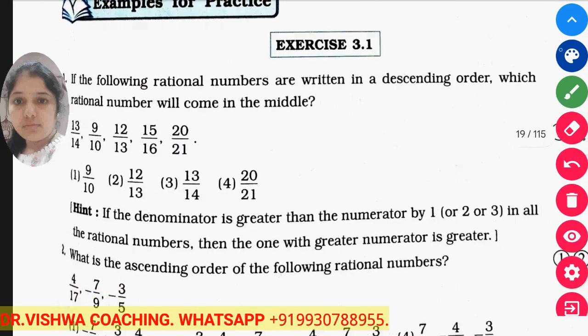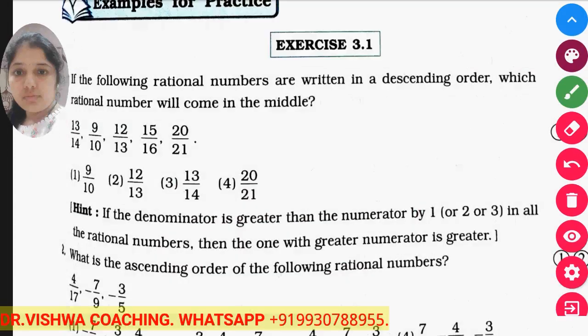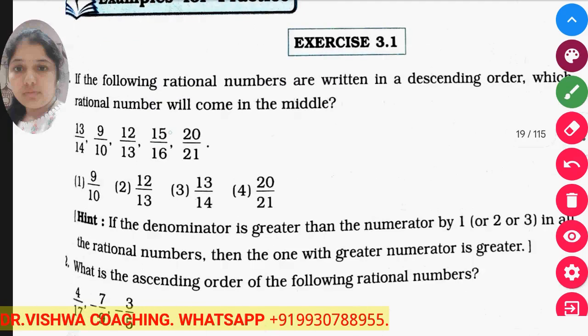Now see, if the following rational numbers are written in descending order, which rational number comes in the middle? If you see carefully, there is a difference of 1 or 2 between the numerator and denominator. So the condition is that the rational number whose numerator is greater is the greatest rational number.